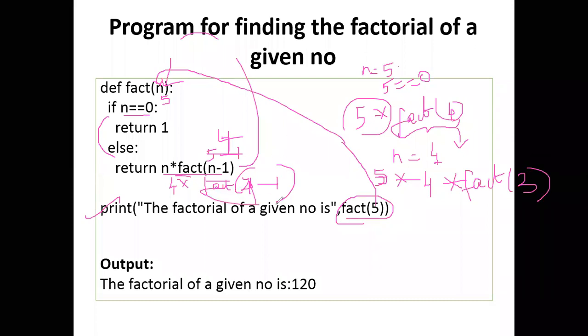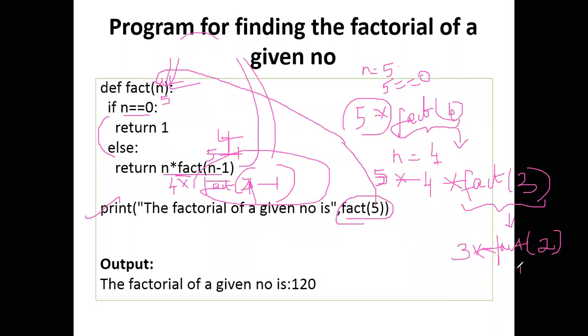Whenever you have fact of 3, again this function will be called. Is 3 double equal to 0? No. So it will come to the else statement. Return here, and again in this place it gets elaborated with fact of 3. Again it comes to the same statement. So 3 into fact of 3 minus 1, which becomes 2.